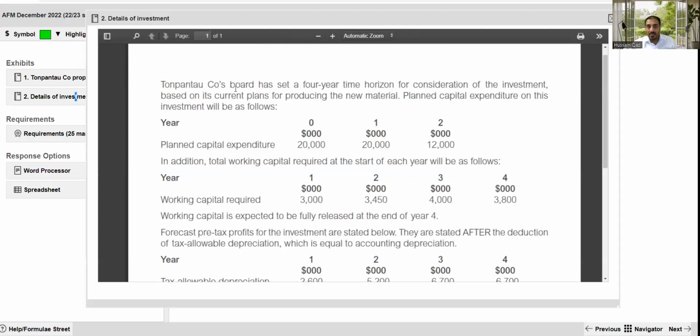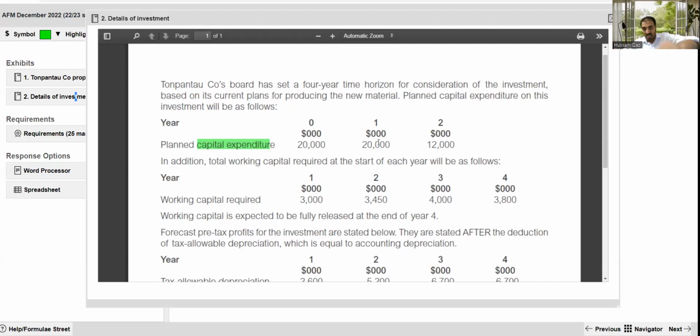Now, Tonpantau's company board has set a 4-year time horizon for consideration of investment, based on its current plans for producing the new material. Planned capital expenditure on this investment will be as follows. That's investment. Year 0 investment. Then year 1 also requires investment, because they have a plan to invest in phases.